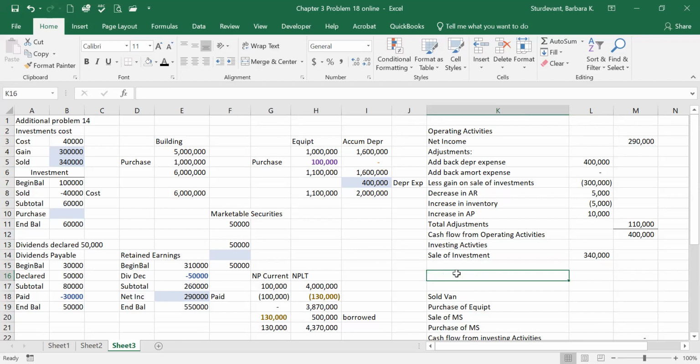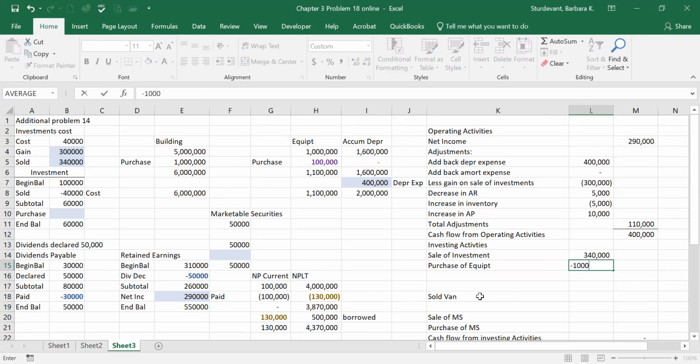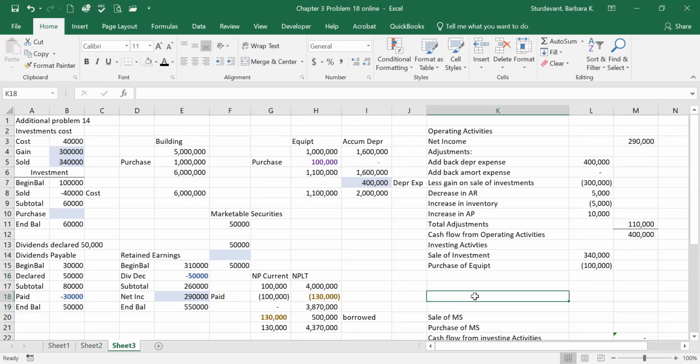All right. So now let's do equipment next. So what do we have here? We have no sale of equipment, but a purchase of 100,000. Okay. And so what does that do to cash flow? That would be a decreased cash flow since it's a purchase. All right. What else do we have? So then we had our building, right?